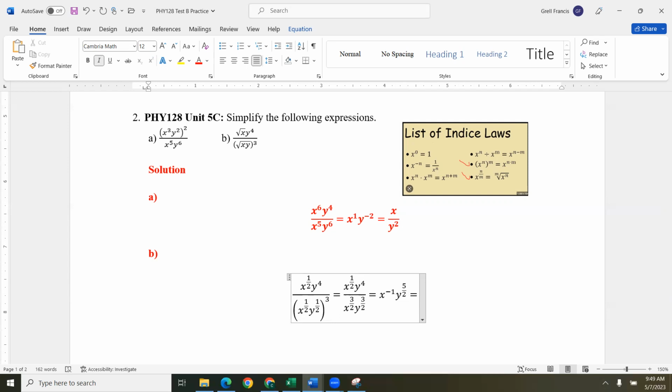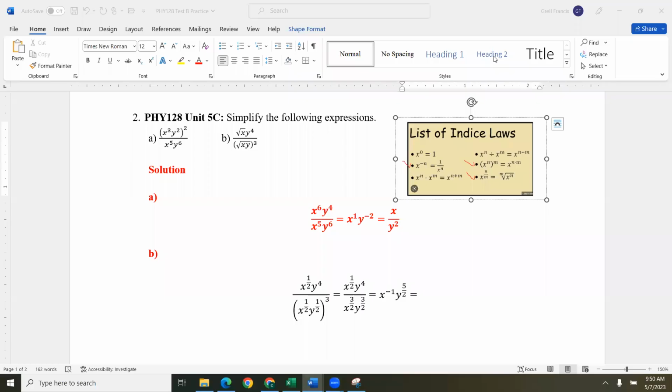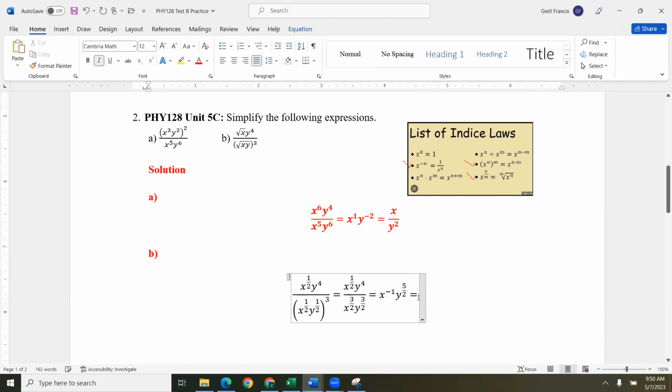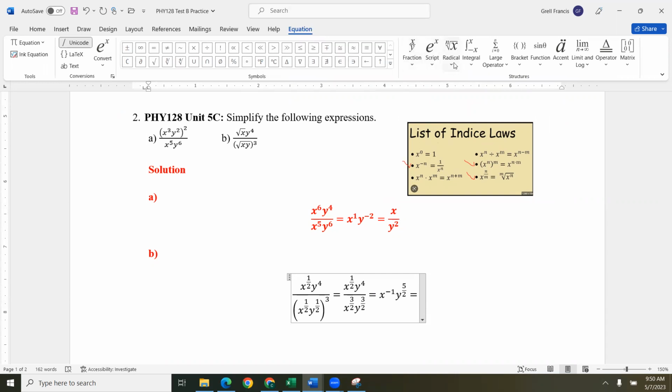Now, we can now apply the negative indice power rule, negative indice law, to convert x to the -1 to 1/x and y to the 5/2 and reapply the radical sign. So as can be seen, we have applied 3 rules here. So now we're going to apply the radical sign. So y to the 5/2, so that will be y, and we're going to include the radical sign.